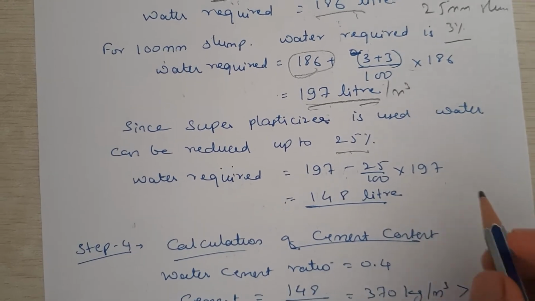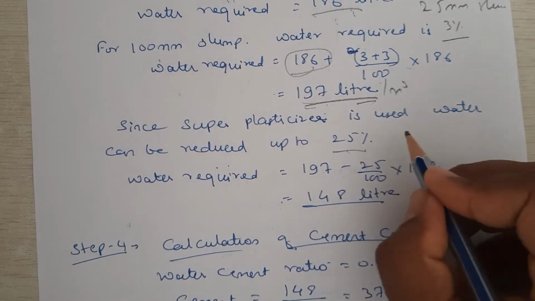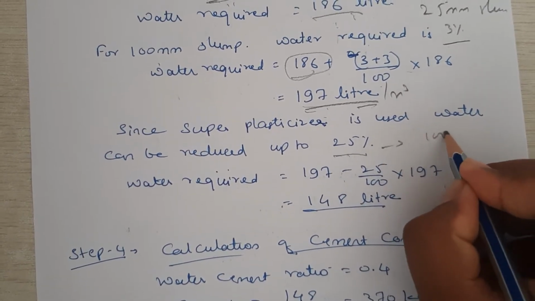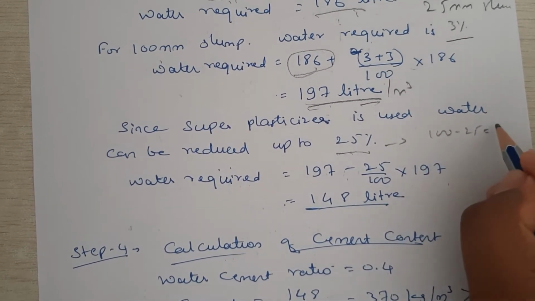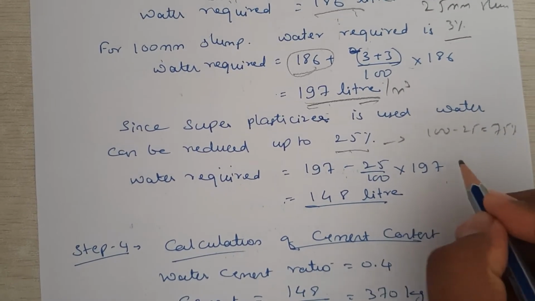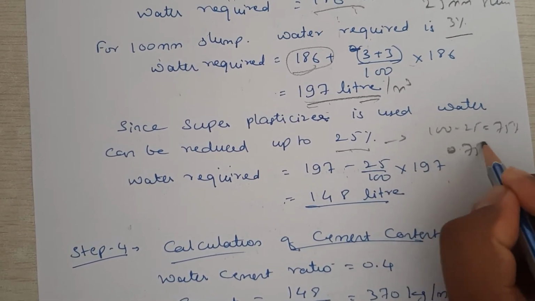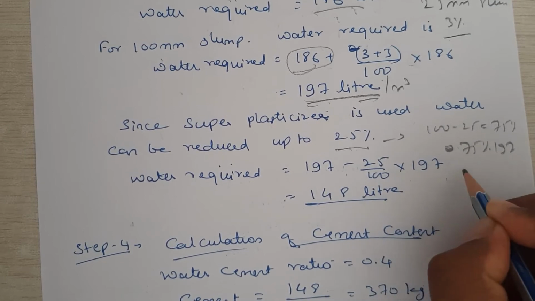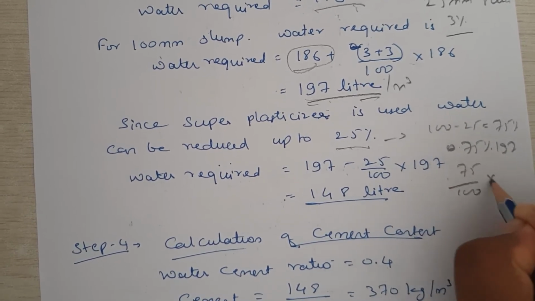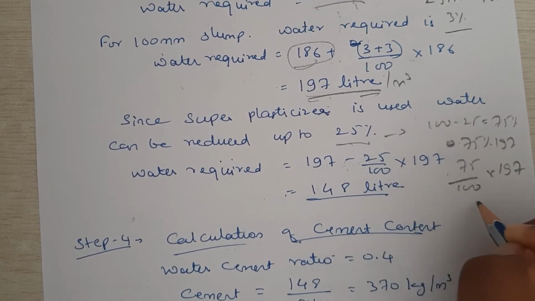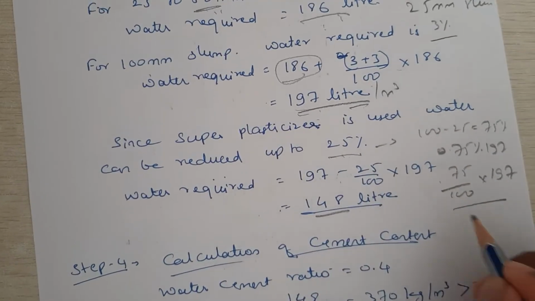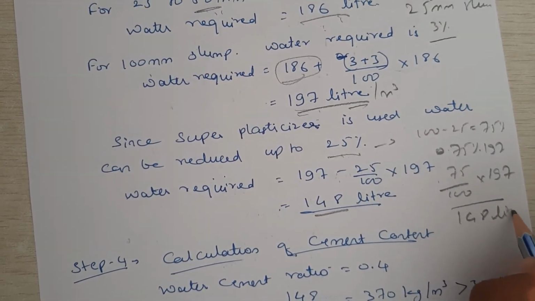Or you can also calculate by doing just 100 minus 25, which becomes 75%. So you just take the water content as 75% of 197, that is 75 by 100 into 197. It will give again the same result, that is 148 liters.